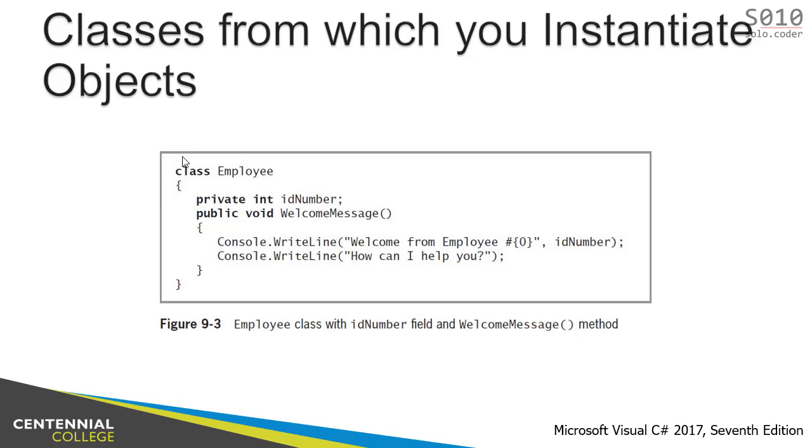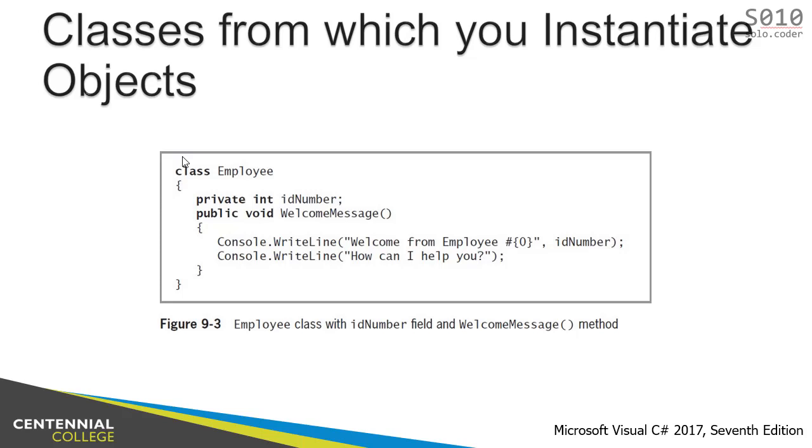Members can be fields like ID number, they can be methods like welcome message, and they can be properties as well. I didn't mention properties yet. I'm going to touch base on properties a little bit later, but for now we're only going to be talking about fields and methods. So those are members.